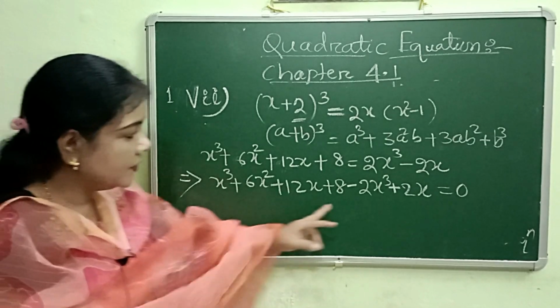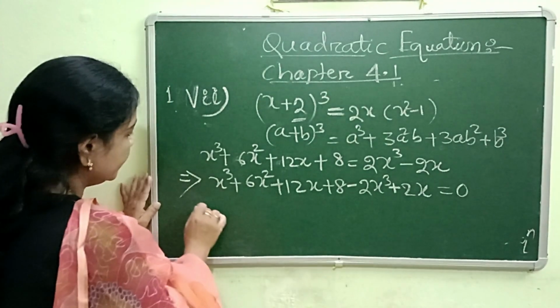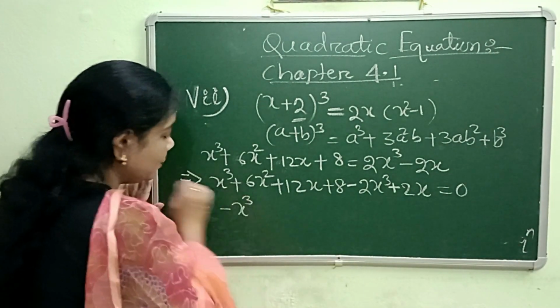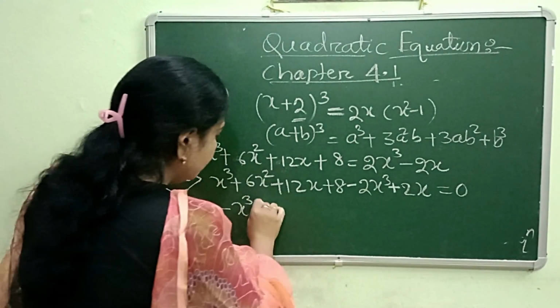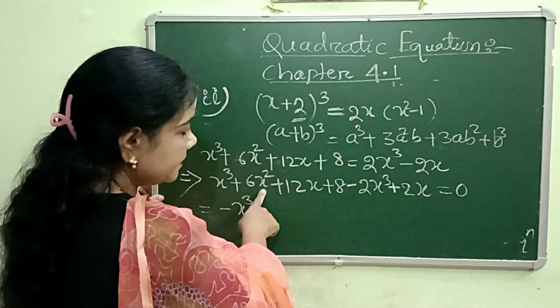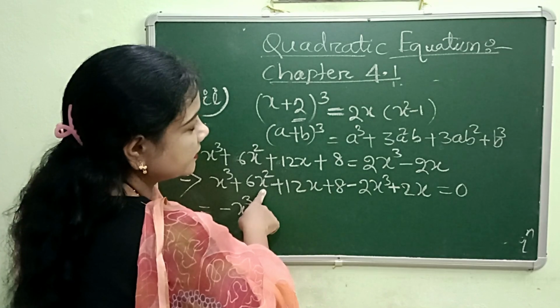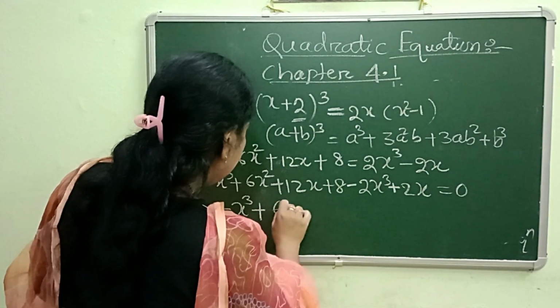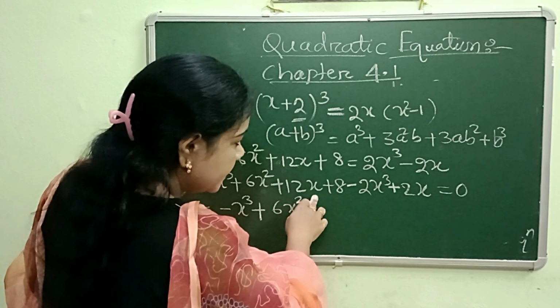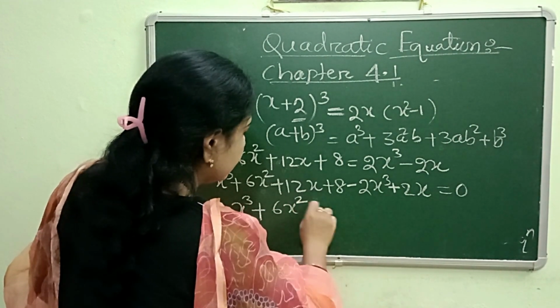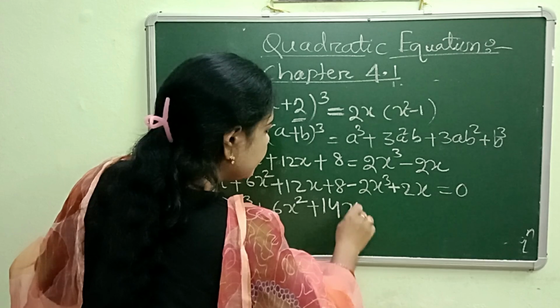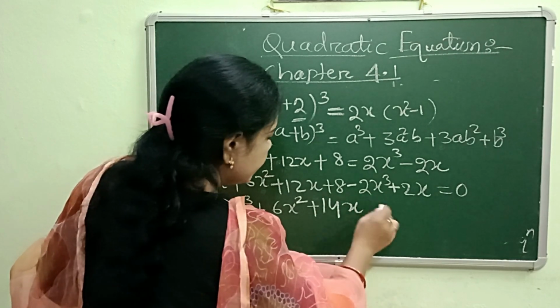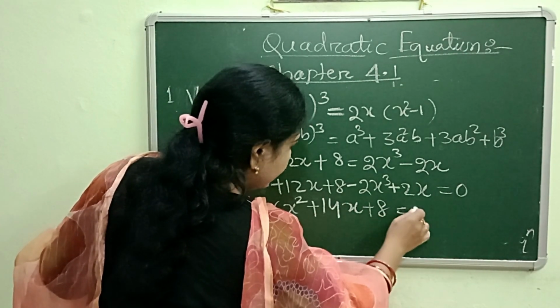This is x cube, this is minus 2x cube, so minus x cube is coming. Plus 6x square, and is there another x square? No. Plus 6x square, 12x plus 2x, that is plus 14x. Here is 8, that means plus 8 equal to 0.